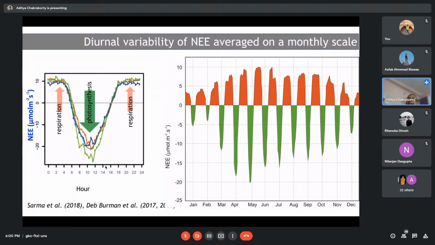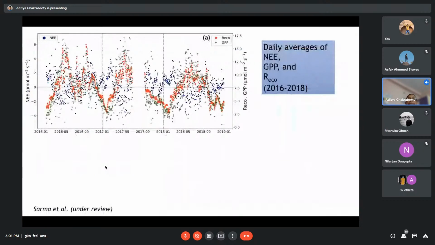And if we integrate the red, it will give you the total amount of carbon released. If you do this on a yearly time scale, then you can characterize the source or sink characteristics of an ecosystem. If the green area exceeds the red area, the ecosystem will be characterized as a sink of carbon. But if the red area exceeds the green area, it will be characterized as a source of carbon. That is how we can characterize them.